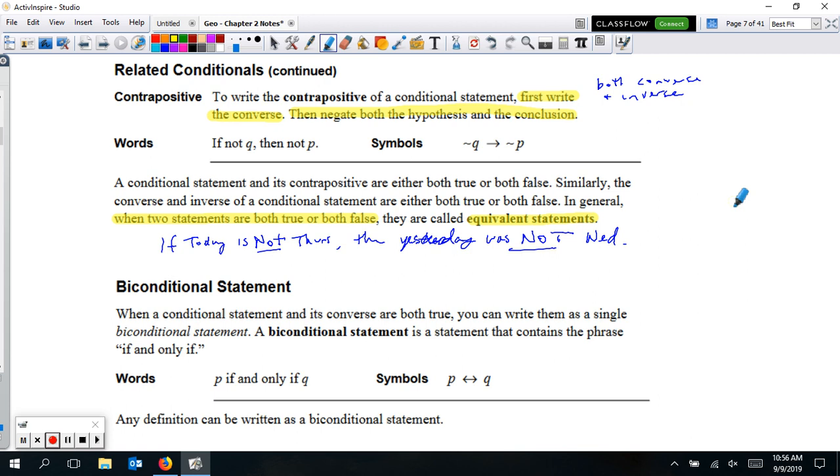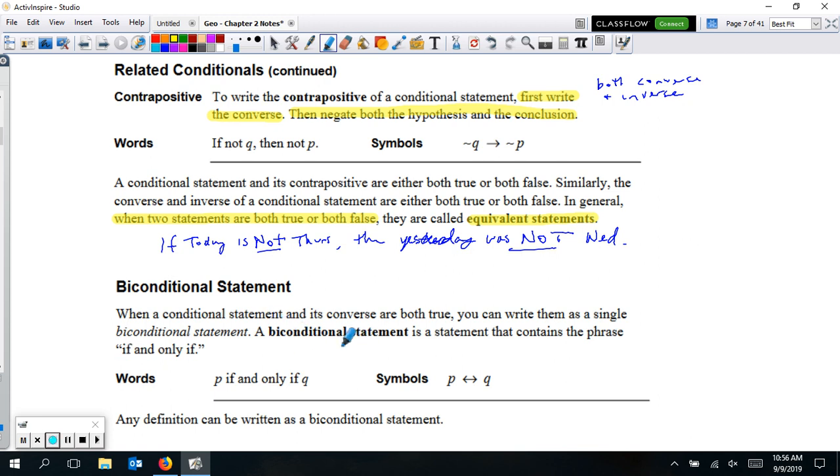Now this next one is a different form than a conditional statement. The conditional is always if-then. If, hypothesis, comma, then conclusion. It's like if P, then Q. That was the symbols we talked about. But this one is going to use if and only if.